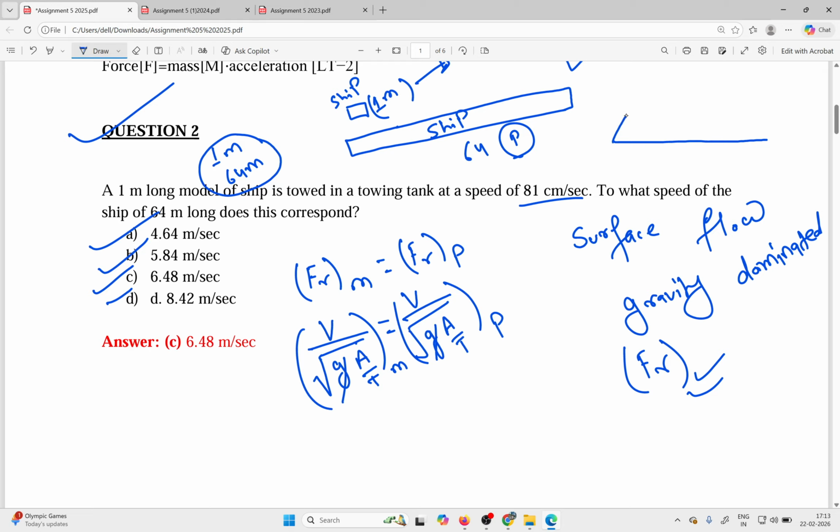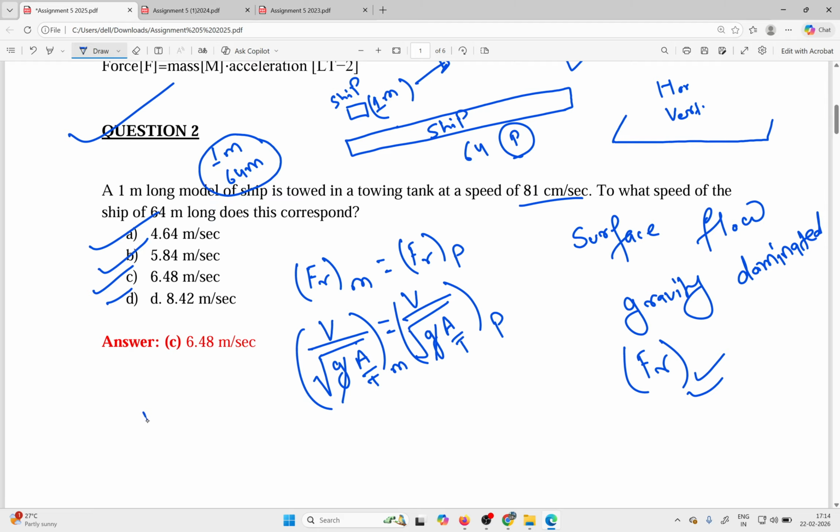We are assuming the horizontal scale and the vertical scale are similar. That is the meaning. What the horizontal scale and vertical scale are, I'll explain in the next question. That is very, very important.